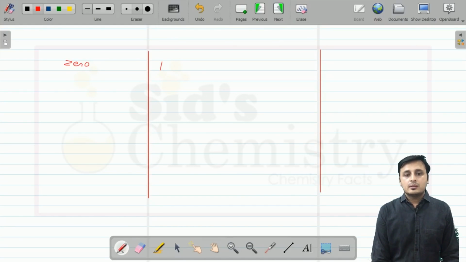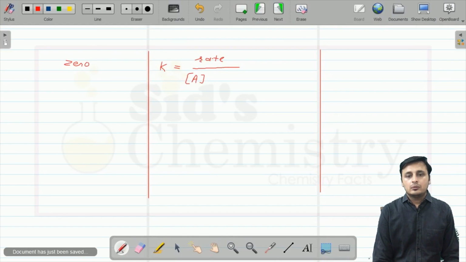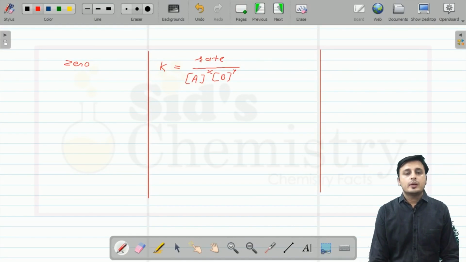For the zero order reaction, first of all let us write the formula we just prepared for k. k is equal to rate upon [A] raised to x and [B] raised to y.